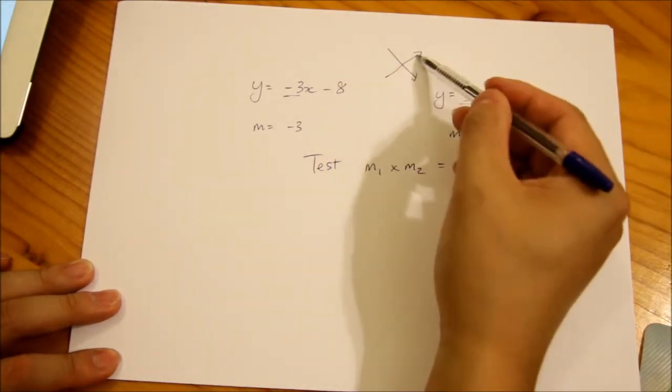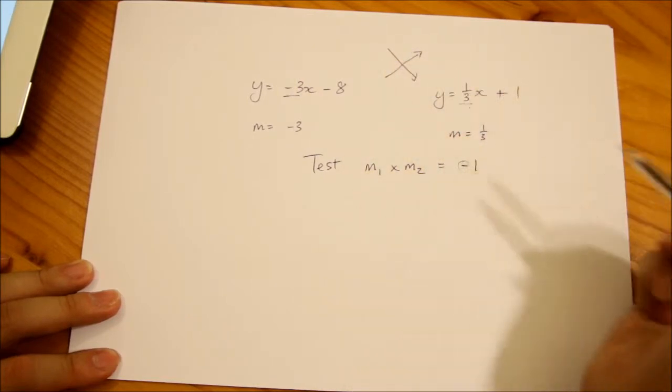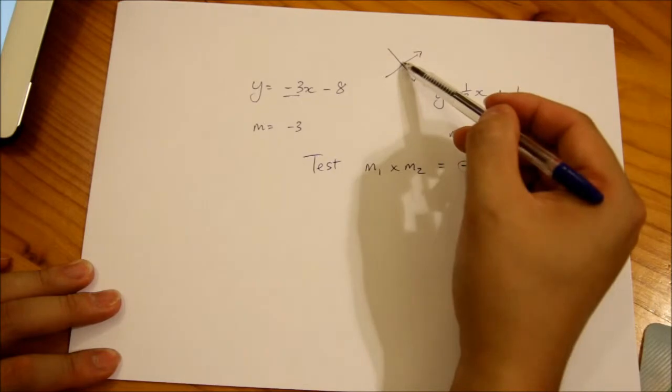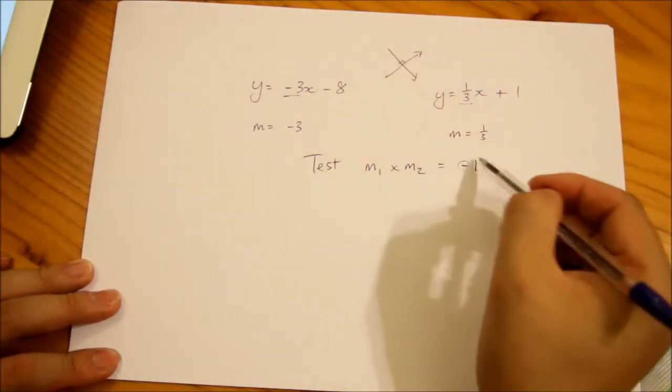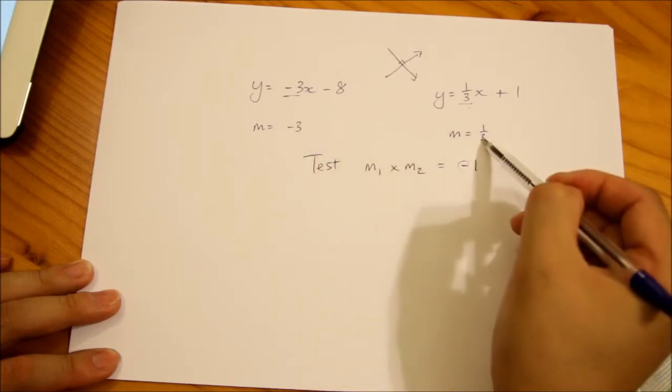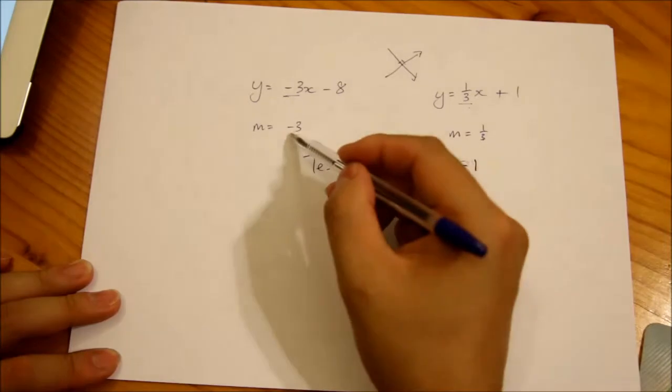So if you multiply a positive and a negative number, you want to have a negative number. But to make sure that it is perpendicular at right angles, you want the two gradients to equal minus 1, okay? So let's test that out.